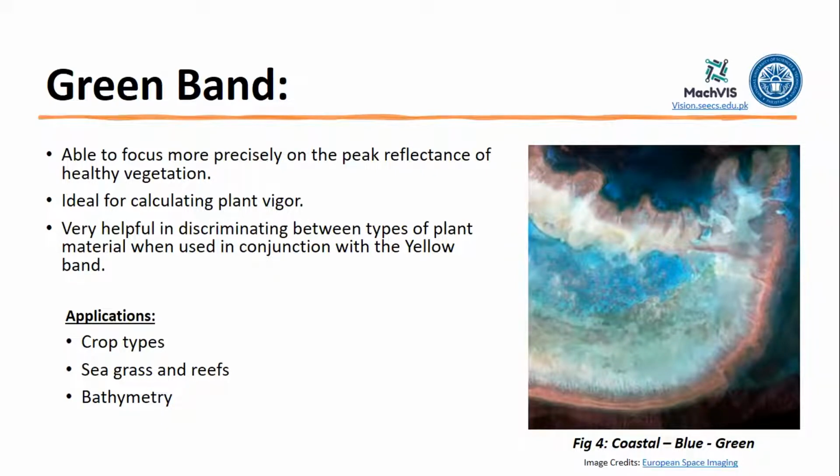And if you see this image, it's not only the green band, because if we just visualize only the green band, that would not be a colored image. It's a single band, single channel. It would be a grayscale image. So what we did is take two more bands, the blue band and the coastal band, and combine them with the green band, and the image looks like that.